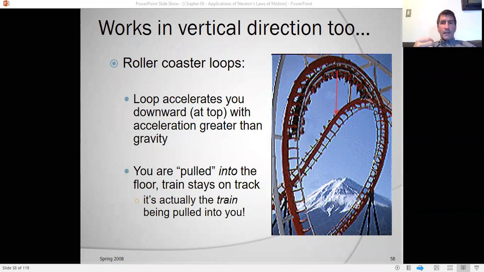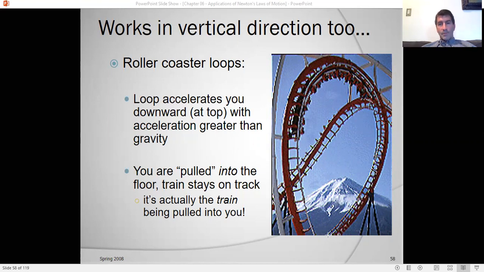But when gravity becomes the force that keeps you on this curve, what happens then is that you actually feel weightless, because if you're accelerating with gravity, you're technically in free fall. So the weird thing is, at the top of these loops, you are actually almost in free fall because gravity is pulling you down.